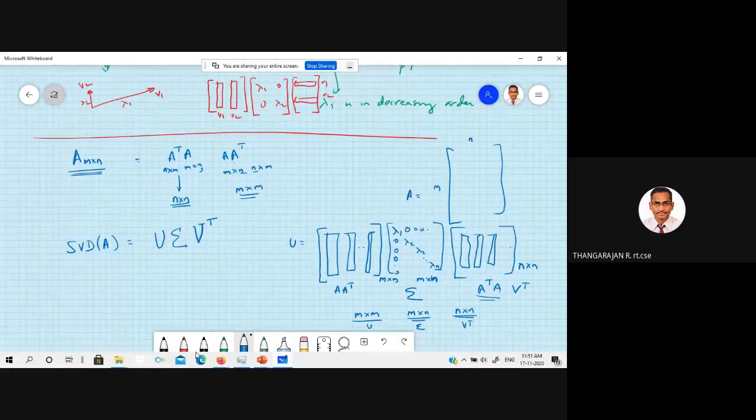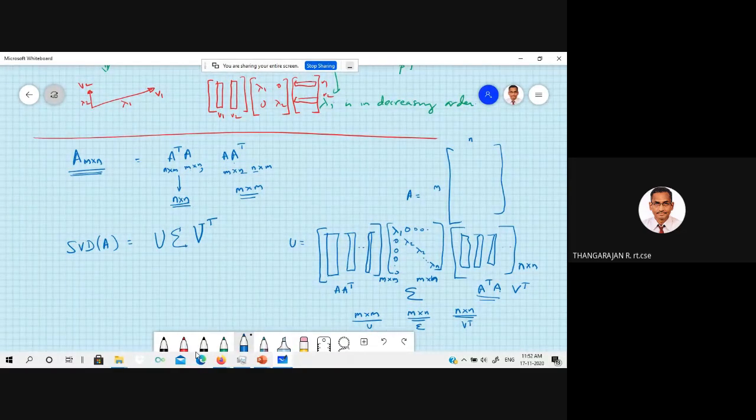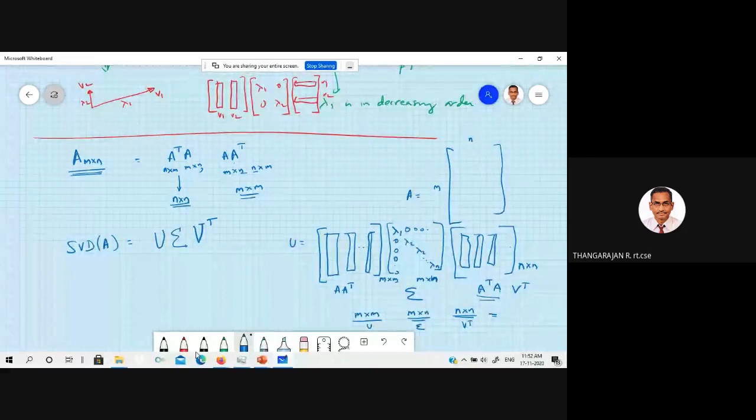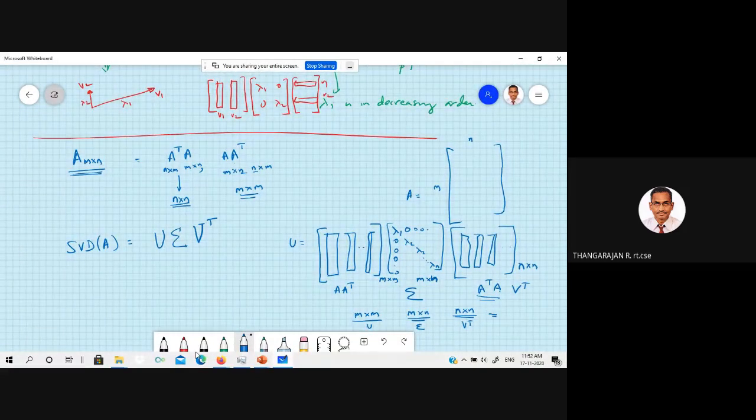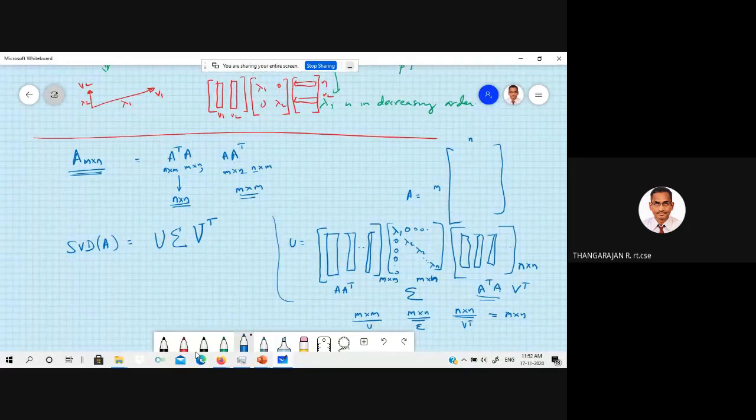When you multiply U and sigma, you get m cross n. When you multiply that with V transpose, finally you get m cross n. So that is what your A is, A is m cross n. This process is called singular value decomposition of any rectangular matrix.